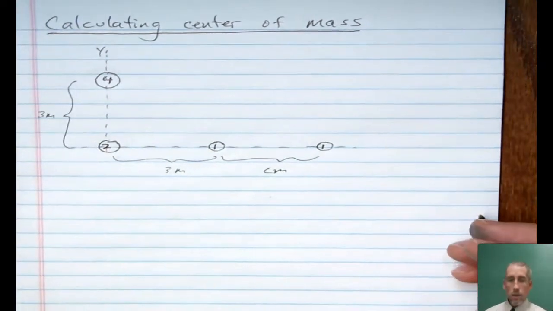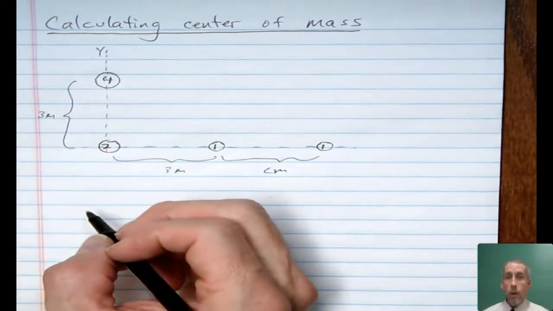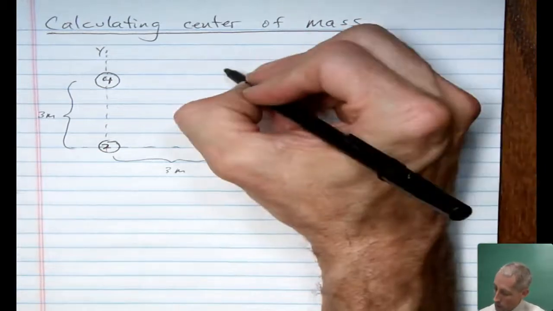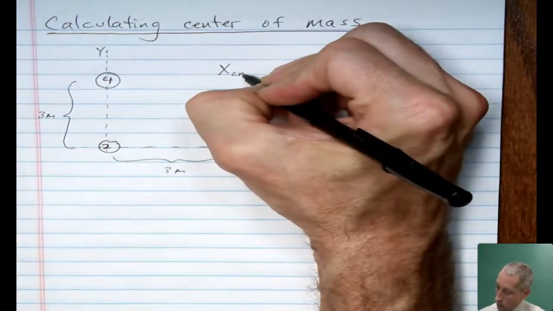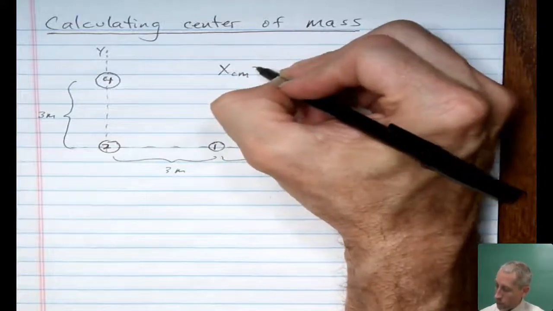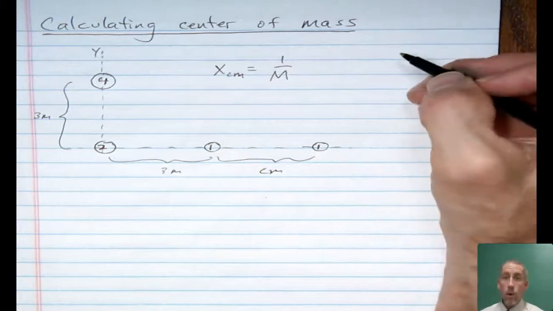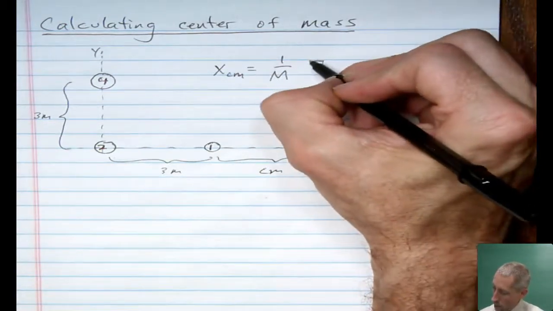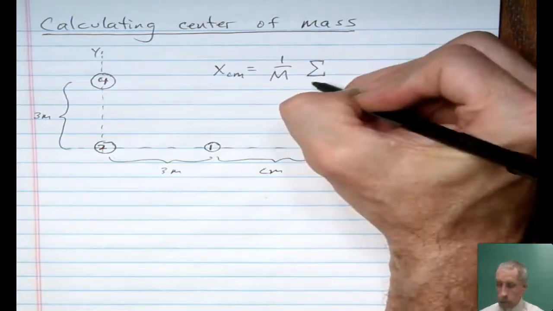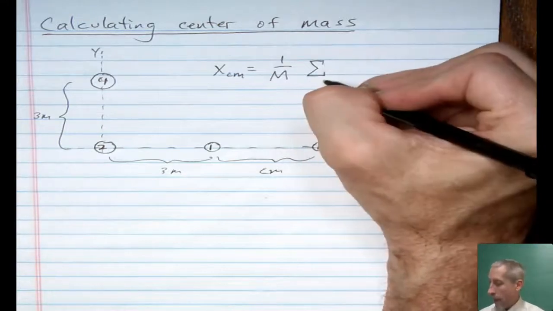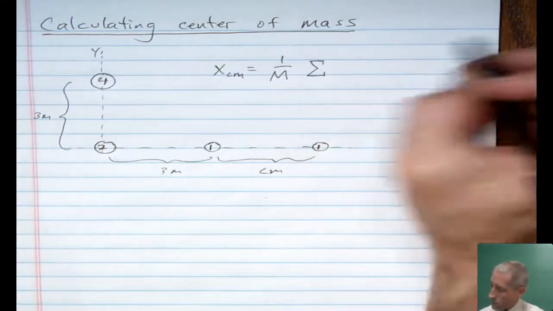Well, the equation for the center of mass is really an equation for each of the coordinates. The x coordinate of the center of mass, we denote it that way, can be found by taking the inverse of the total mass of your system and then a sum. A sum is just adding up the total contribution of each of the different parts.